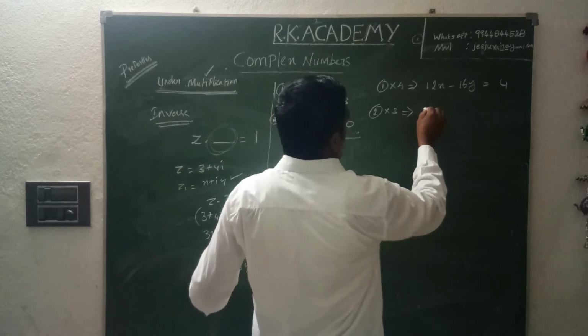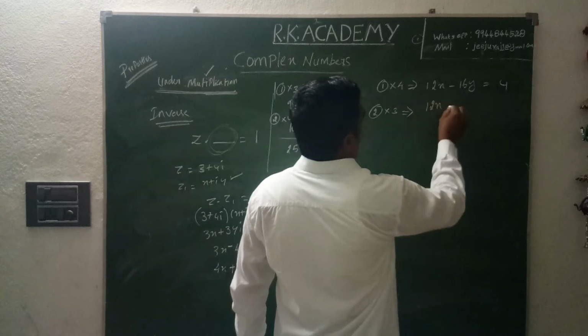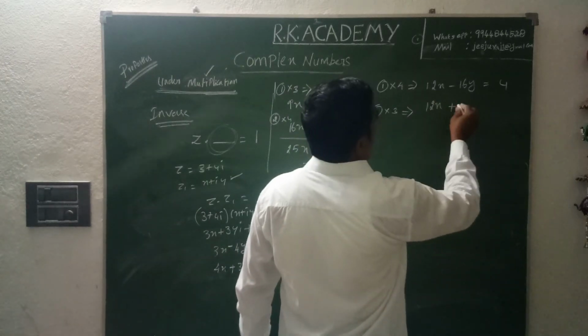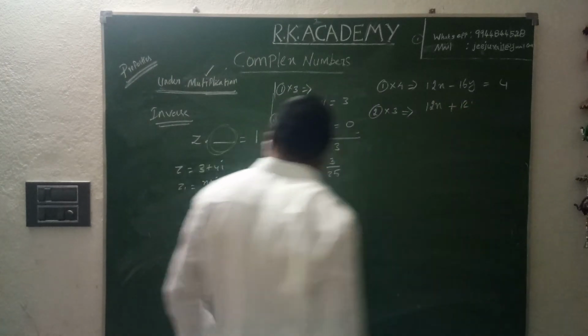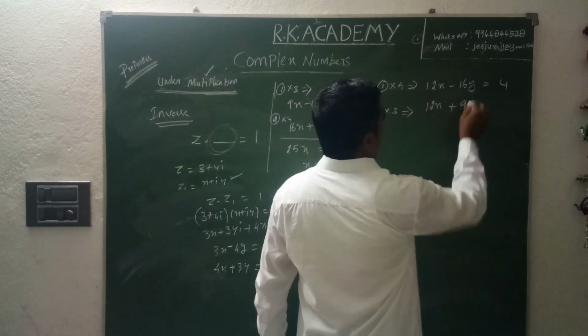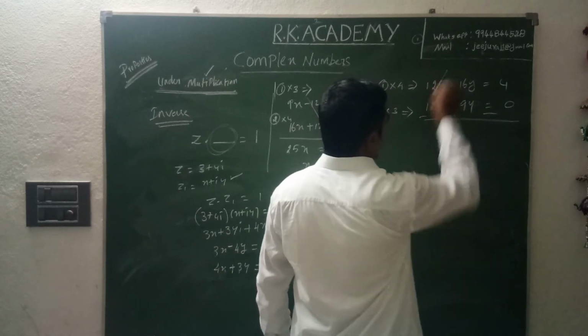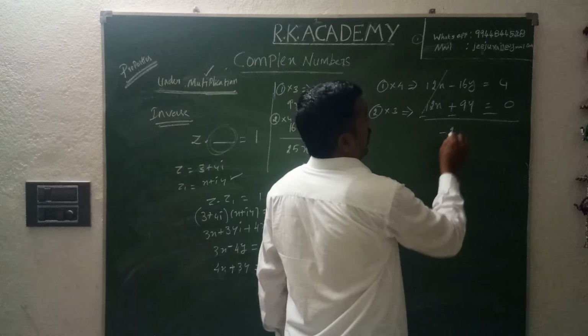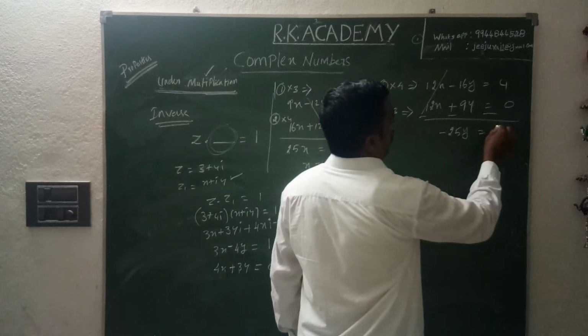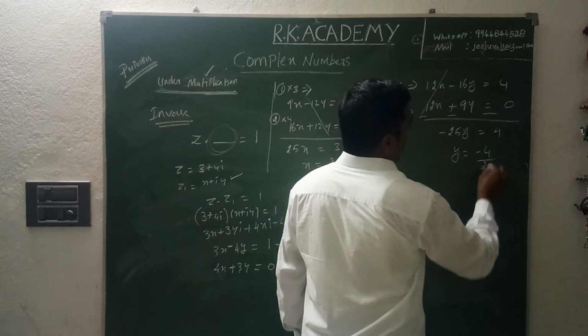The second multiplied by 3 gives 12x plus 9y equal to 0. Subtracting, we change the sign: minus 25y is equal to 4. So y is equal to minus 4 by 25.